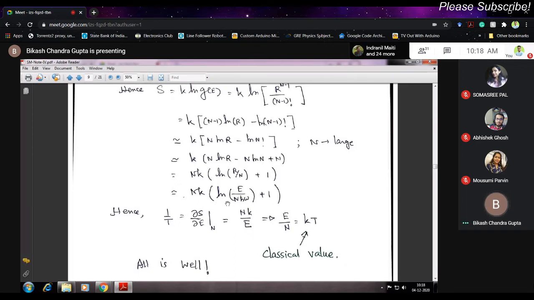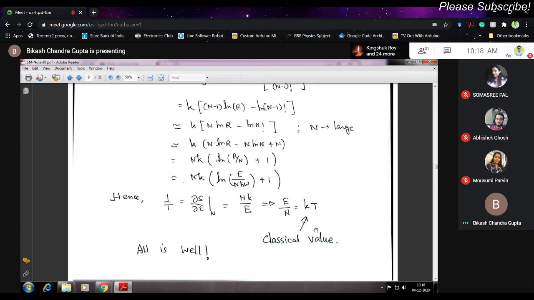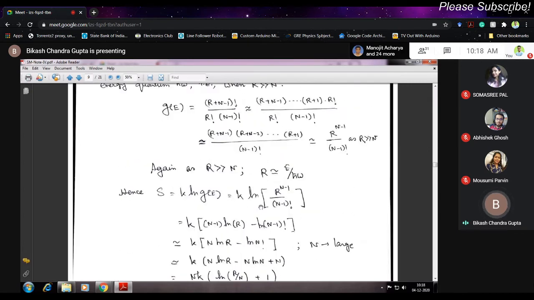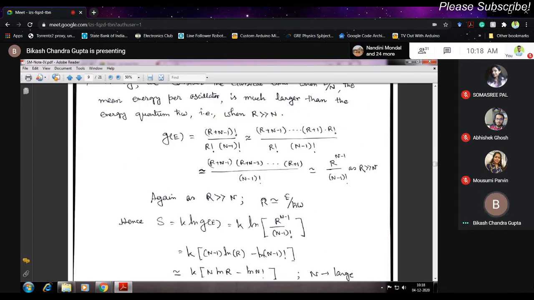So it will give you this, and therefore e equals nkT, the classical value. So you see the whole thing we have done.